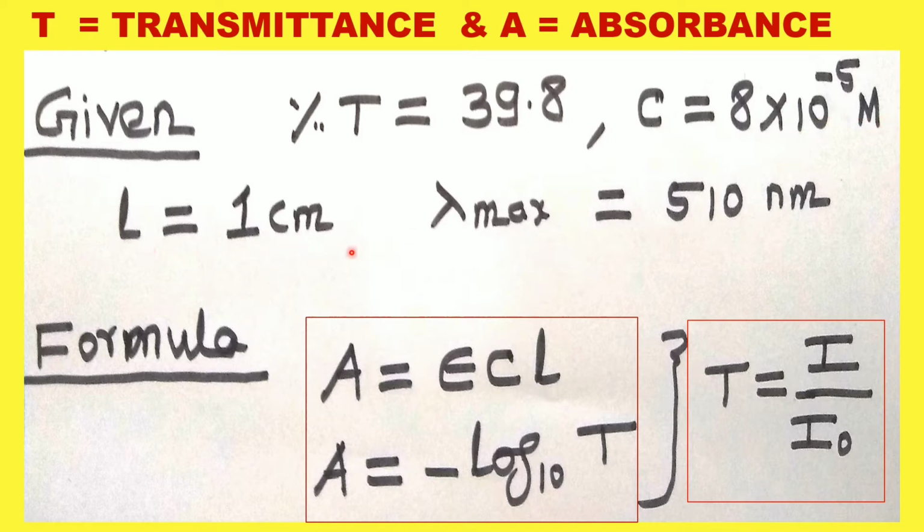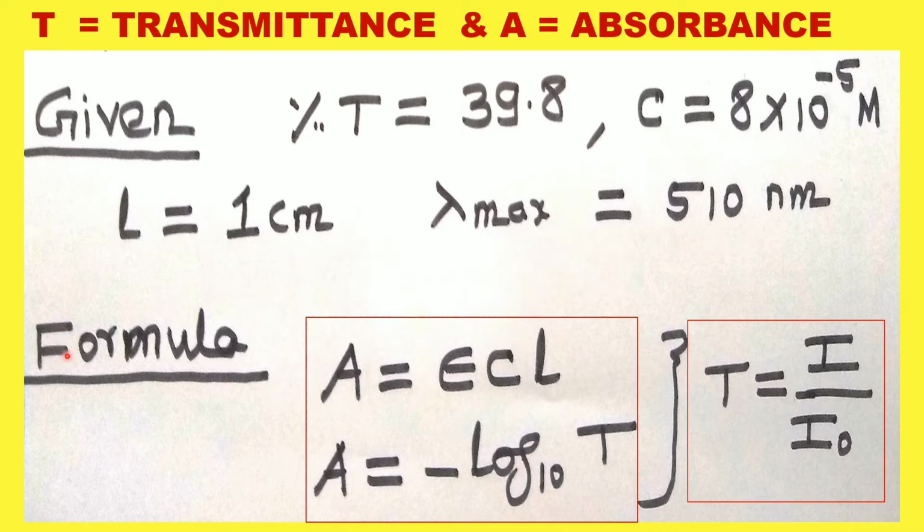Path length of the cuvette cell is equal to 1 centimeter. Lambda max 510 nanometer. Now they have asked to calculate the absorbance and molar extinction coefficient.